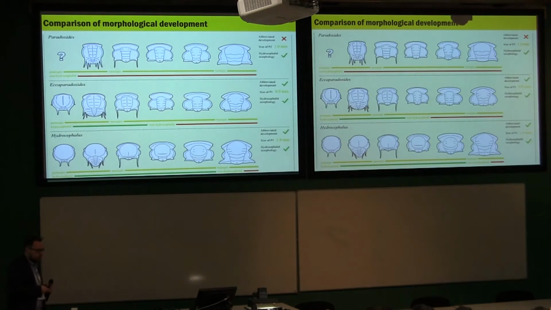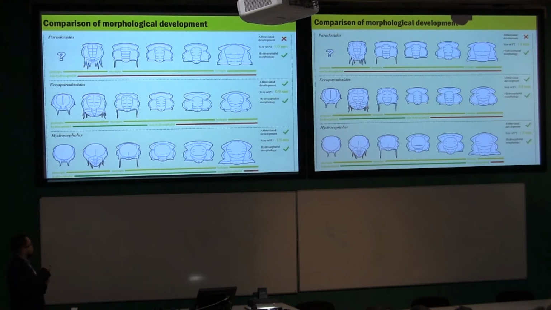So in conclusion, if we compare the development of these Paradoxidid taxa, Paradoxides and also Acadoparadoxides, then Eccaparadoxides and Hydrocephalus, we can see several trends that are coupled together. The first trend is an increase in the size of the larval stages.